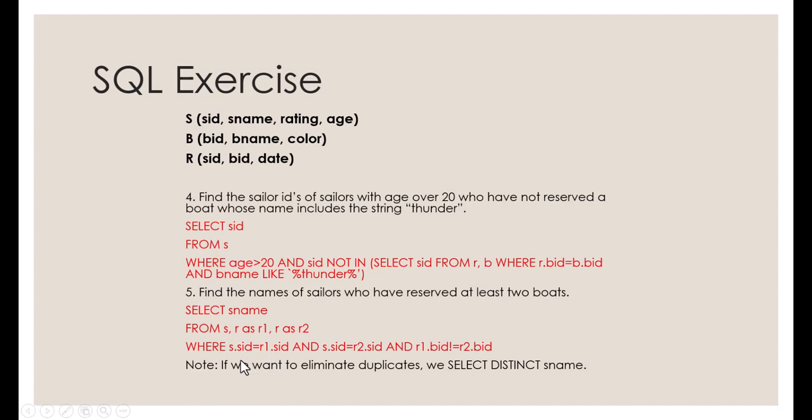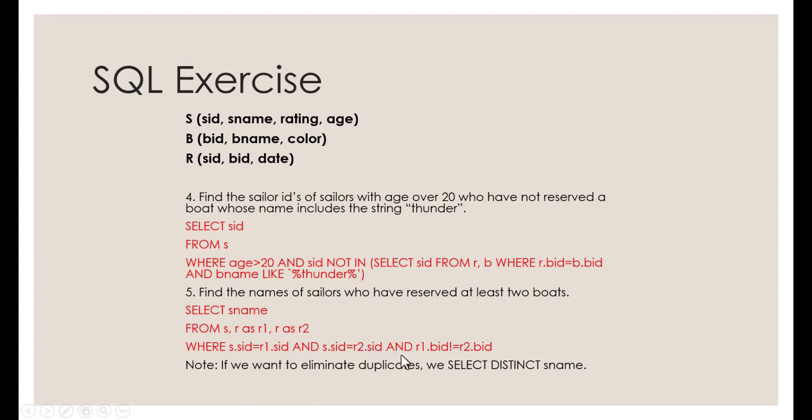Here we want to make sure that the SID from R1 and the sailor are equal to each other, and then the SID from S and R2, the second set of reservation, are also equal to each other. So this is dealing with 2 different reservations, and still the same sailor because the SIDs are the same.